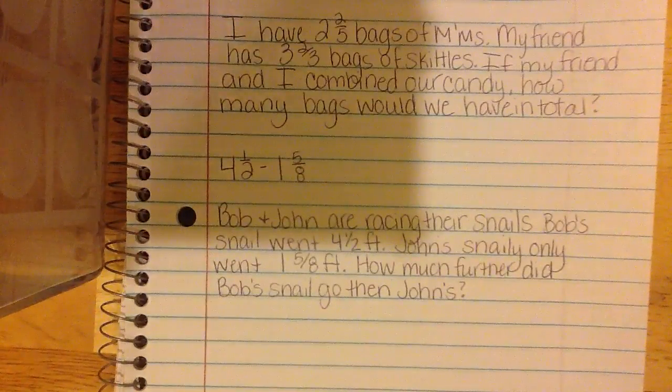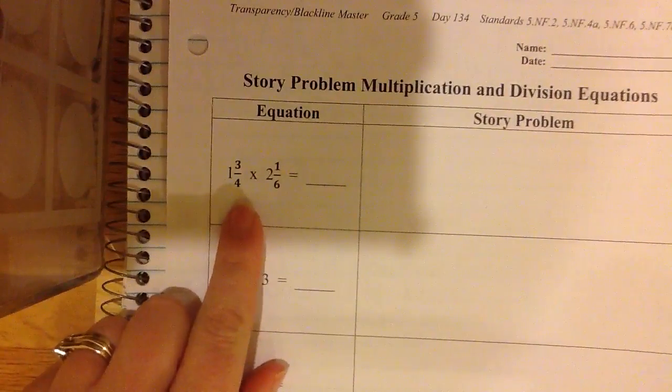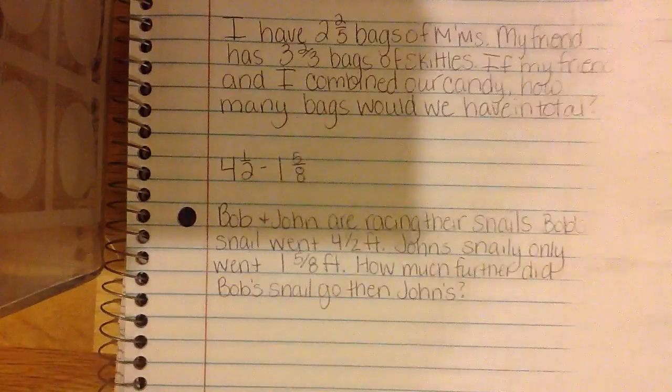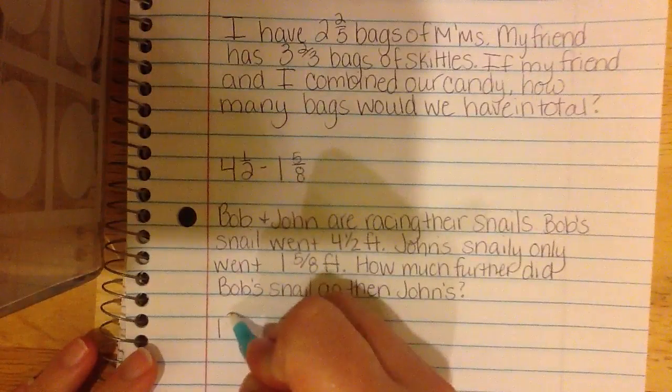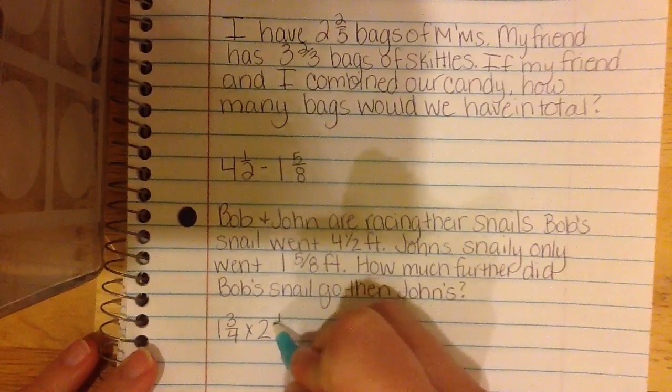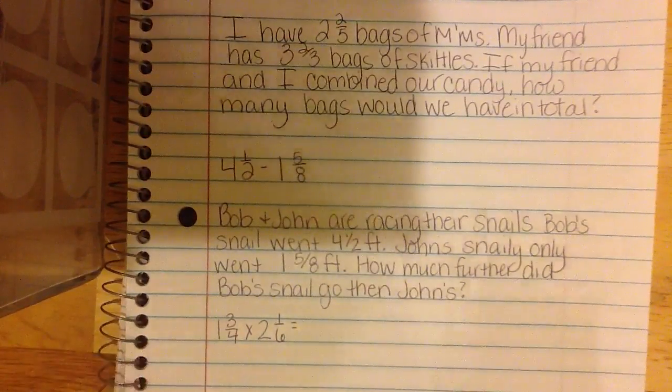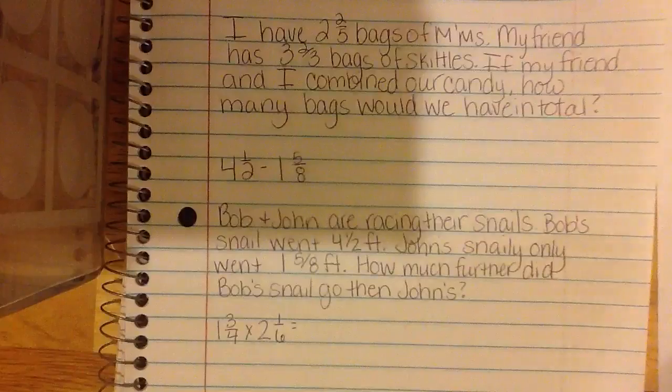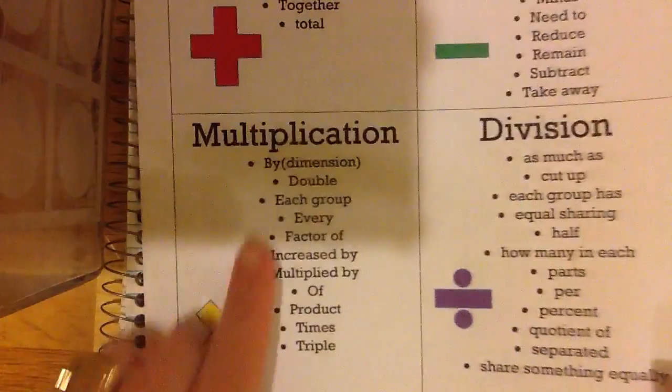Okay, we're going to now move on to a multiplication problem. We're going to use this example right here. We have 1 3/4 times 2 1/6. So let's look at what we've done in word problems. Let's go back to our action words.